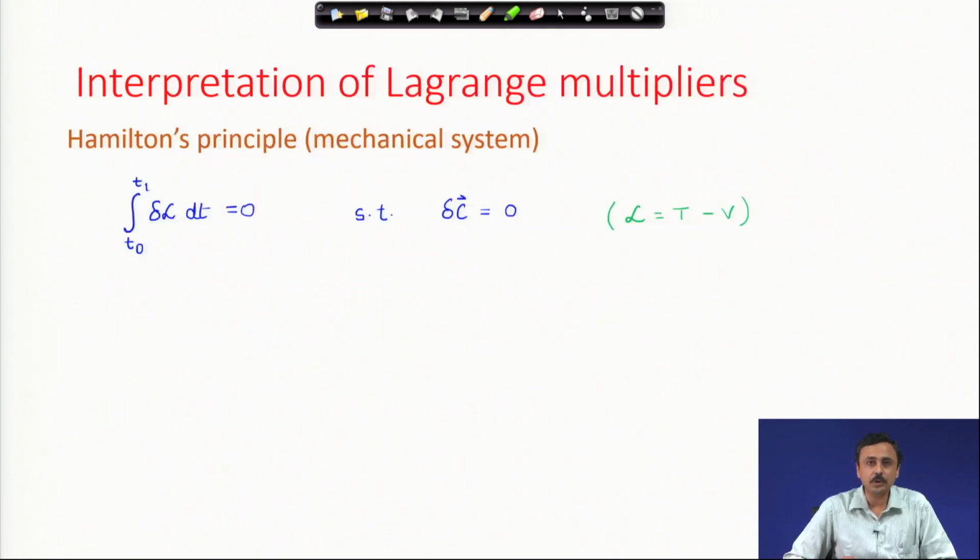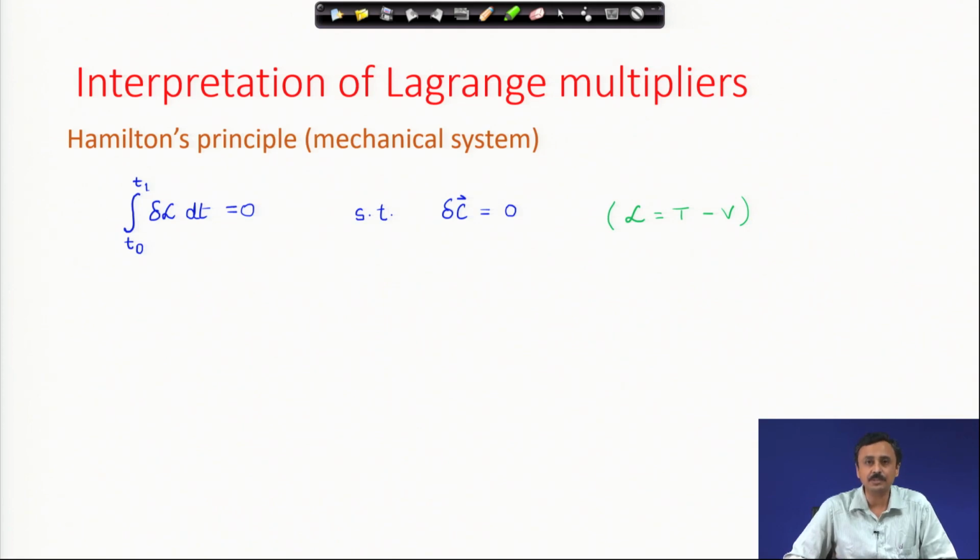Let us go through a little bit of what we had discussed. We had Hamilton's principle, but now with constraints, and the principle says the variation of the action must vanish, but we have these constraints whose variation also must vanish.